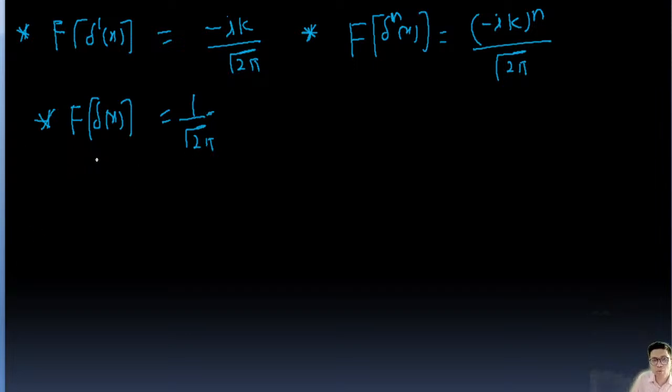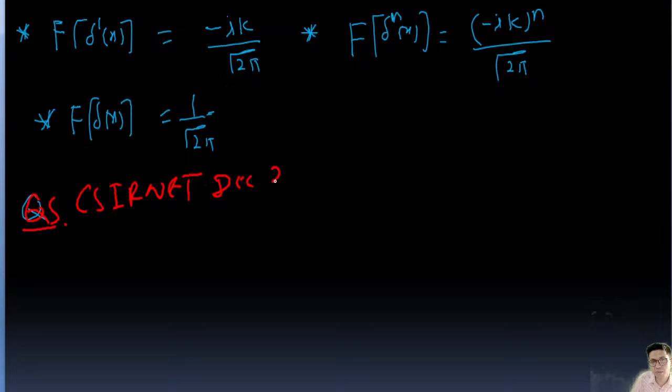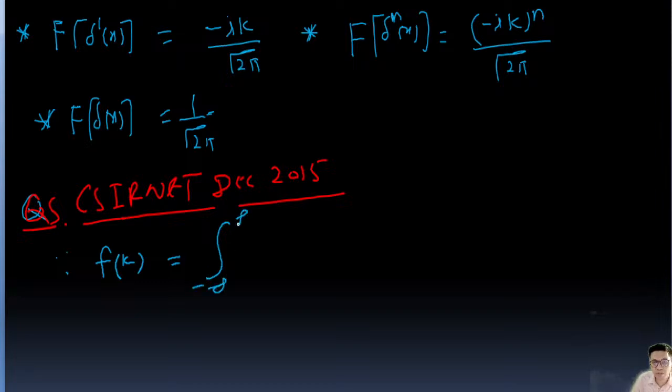Okay, with this property, now I'm going to solve a question. This question was asked in CSIR NET December 2015. Here, we know the F(k) value is given in this question, from minus infinity to plus infinity.